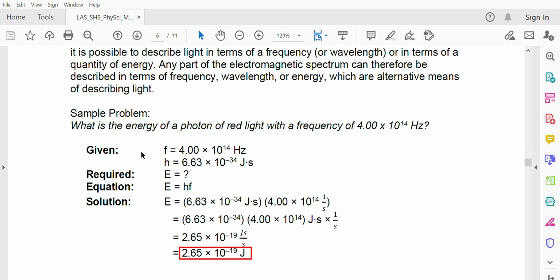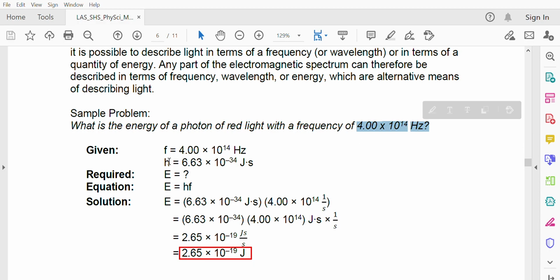We start with the given. You can find it in the problem, and in this case, it is f. The symbol for frequency is f, and the value is 4.00 times 10 to the 14th hertz.